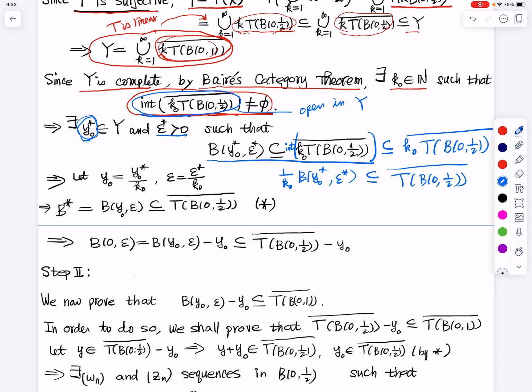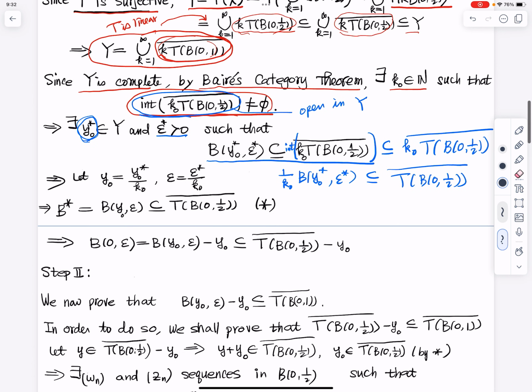Okay, and then look at this. If y belongs to 1 over k0 times B(y0 star, epsilon star), then you put it in here.